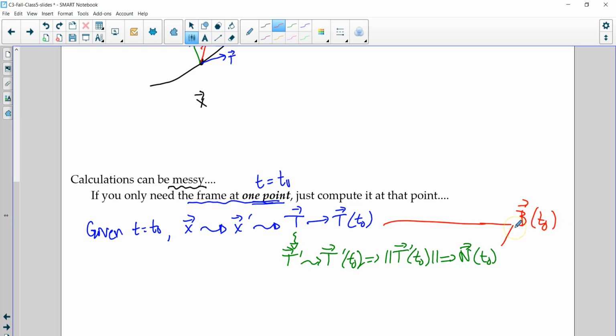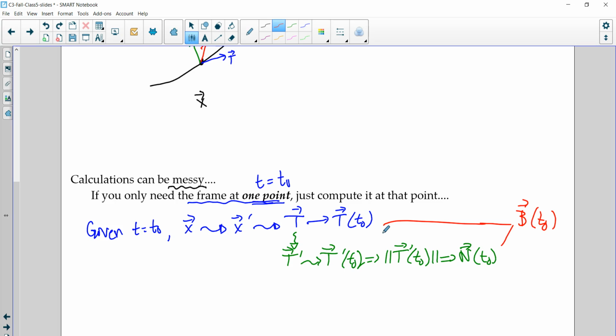Oftentimes these calculations, after you've plugged in your particular value of t, are a little bit easier to work with rather than doing sines, cosines, all that good stuff, and proceeding that way.